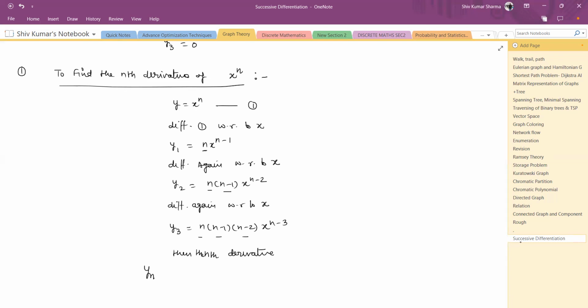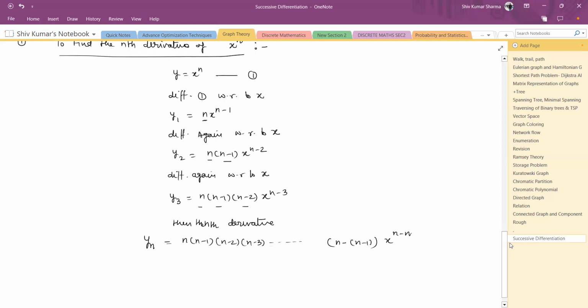We write it as yn. yn is equal to n into n minus 1, n minus 2, n minus 3, and so on. The last term will be n minus (n minus 1), which is 1. The power of x is n minus n, because when we calculate the nth derivative, the power should be n minus n.